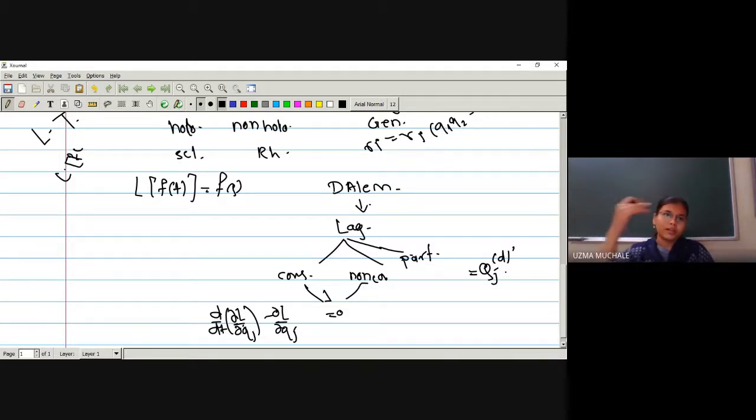And in case of scleronomic, and in case of rheonomic it is T2 plus T1. And now in this lecture we have seen the cyclic coordinate and the relation between the momentum and the generalized coordinate. After that we have seen the conservation theorems. Okay, I have repeated the chapter in short.